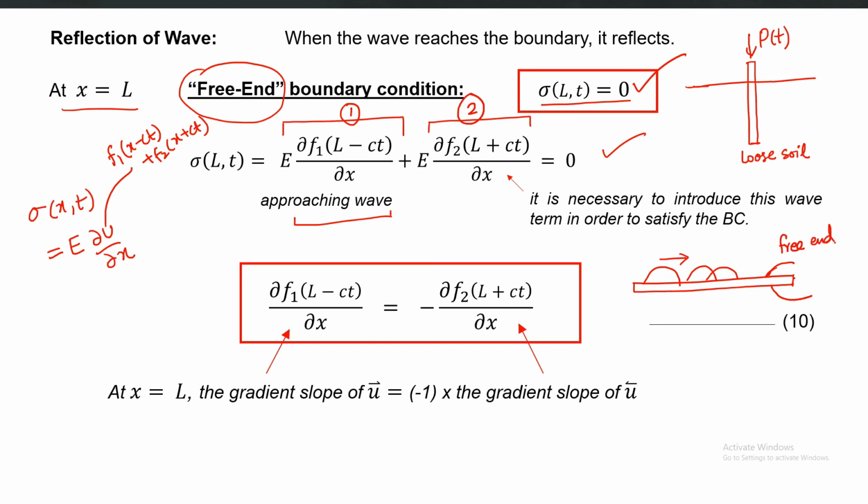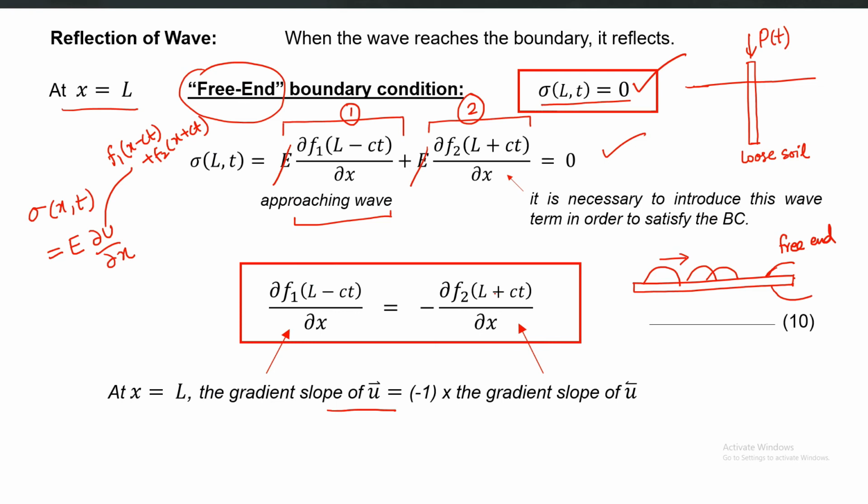So we have to have two functions. If one function is positive, the other should be negative. If we cancel out this E value, we can simply write that the first term should be equal to minus the second term. So at x equal to L, the gradient or slope of the approaching wave, because F1 is the approaching wave, should be the negative of the gradient slope of the reflecting wave.